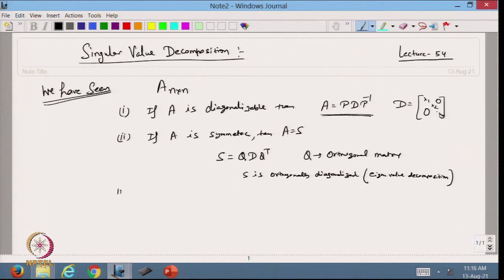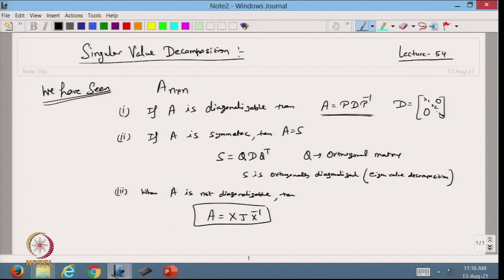Then we have seen the third form, when A is not diagonalizable. Then we can write A in this form, X, then the Jordan form, X inverse.